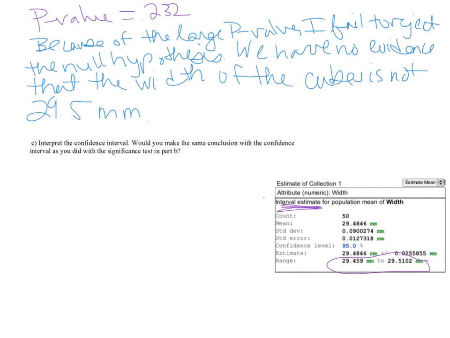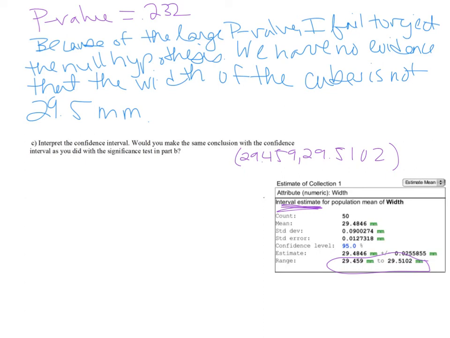So our interval is going to be 29.529 to 29.5102. So that's our confidence interval.